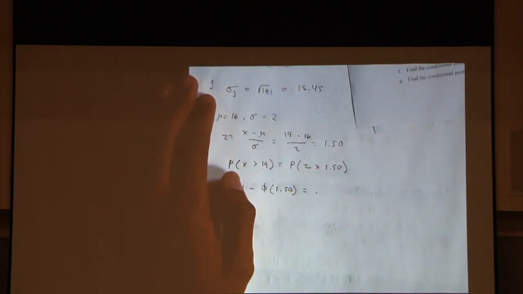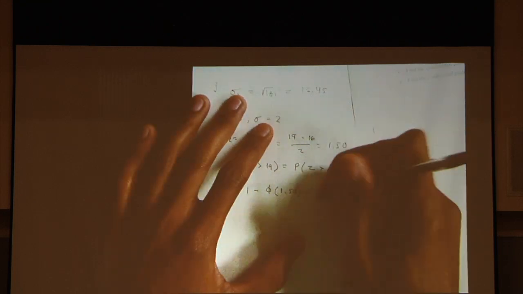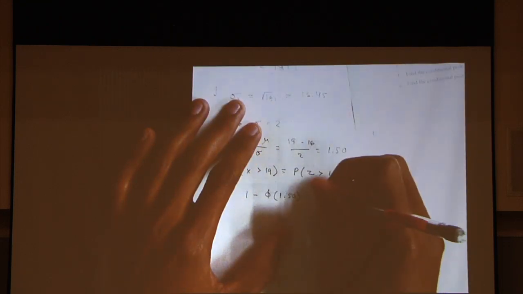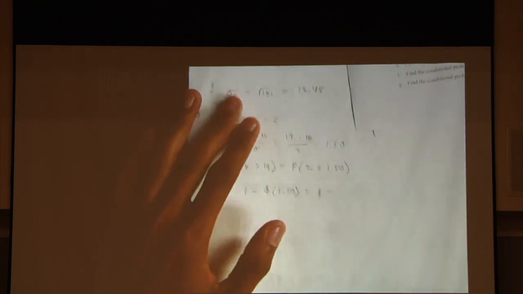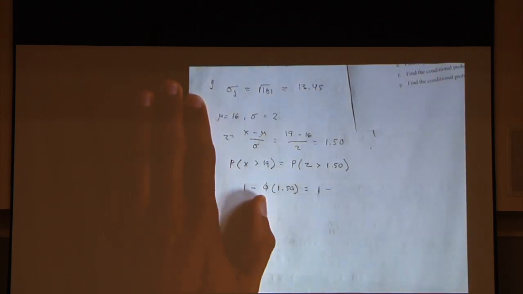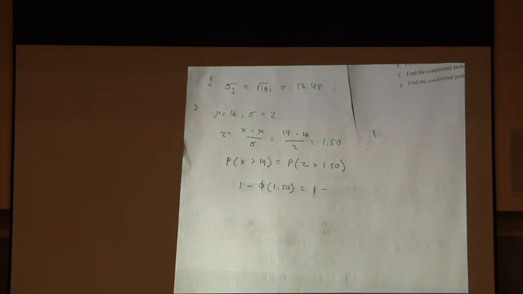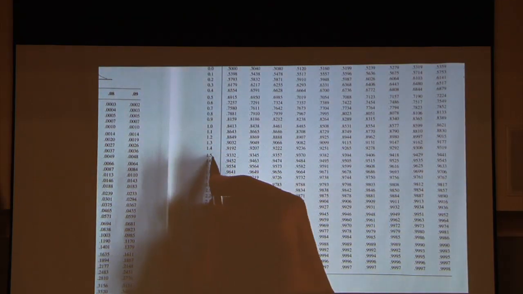So we'll do 1 minus the z value, which is 0.9332, right?